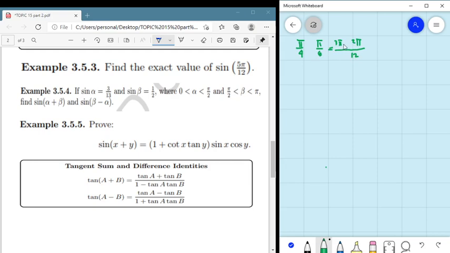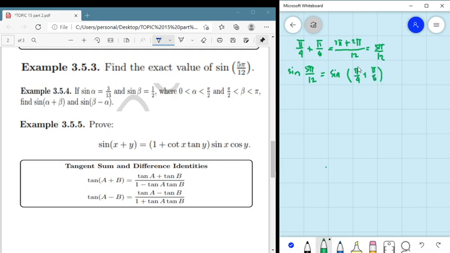If we subtract, we arrive at pi over 12, but now we need 5, so we add. Therefore, 5 pi over 12 can be simplified: sine 5 pi over 12 is similar to sine of pi over 4 plus pi over 6.